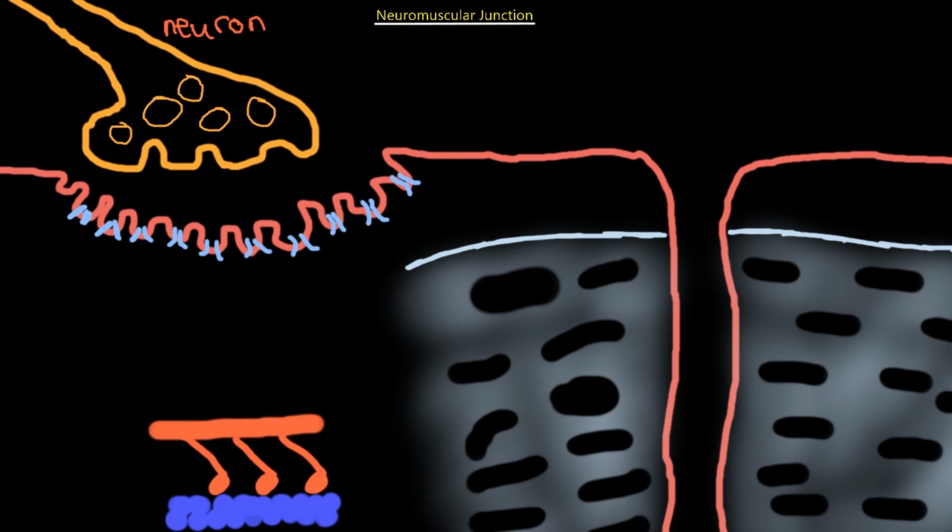And how this occurs is very similar to what we saw with the connection between two neurons in our last lecture. At the neuromuscular junction, there's a muscle involved on the receiving end. In this junction, we have a little bit of further physiology to deal with, so we're going to discuss that. However, the beginning of it is going to be exactly the same.